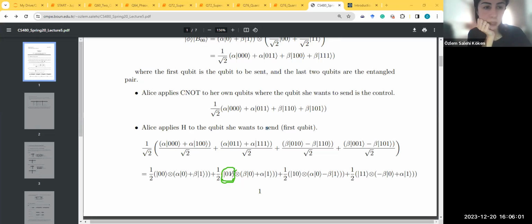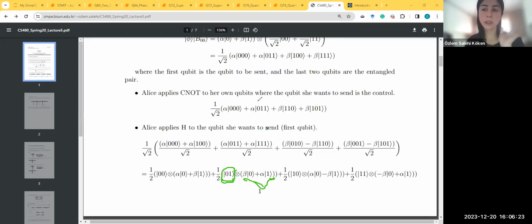Okay, now we have some answers. Nice. And the answers are correct. Balvis's qubit will be in this state, which is beta 0 plus alpha 1.